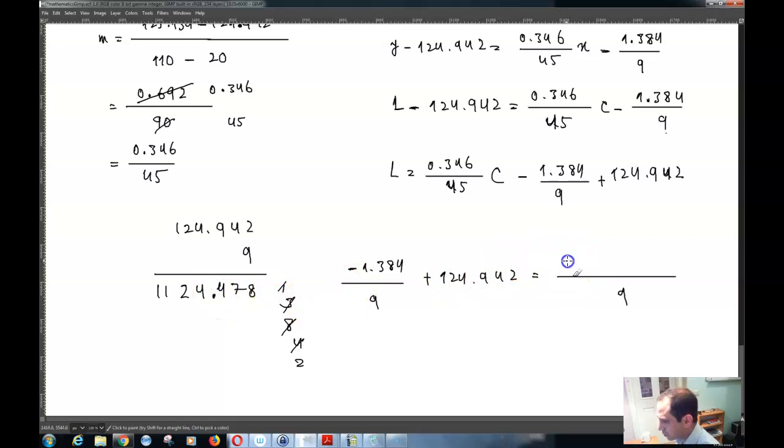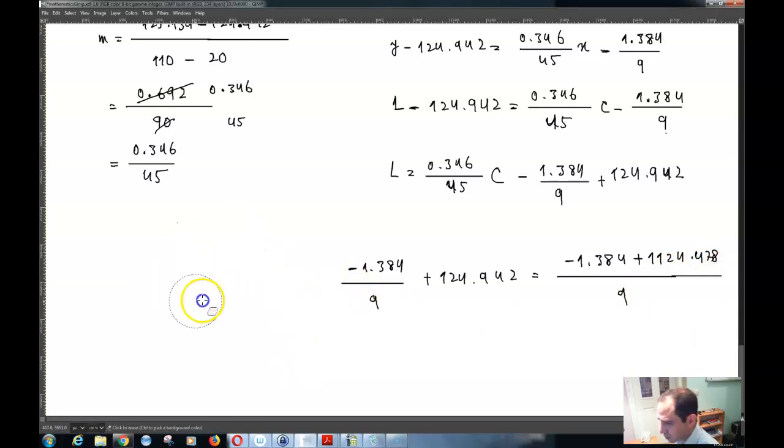It's equal to, so here you have negative 1.384 plus 1124.478, and so we can write this as 1124.478 minus 1.384, and that's a 4, 3, 17, 9, 0.3211.